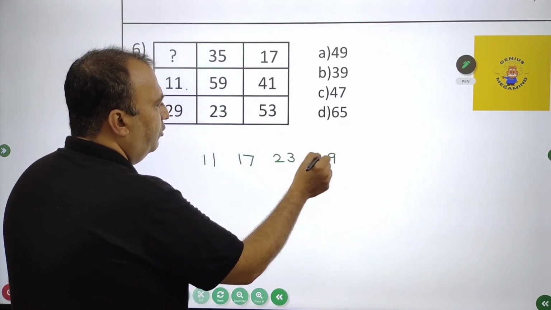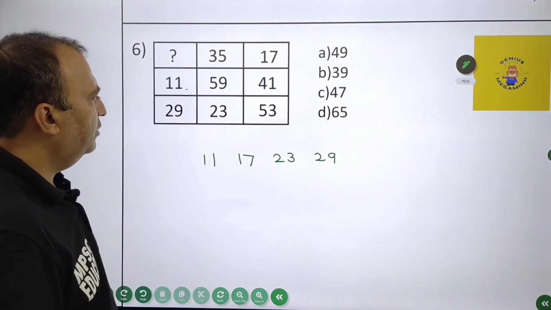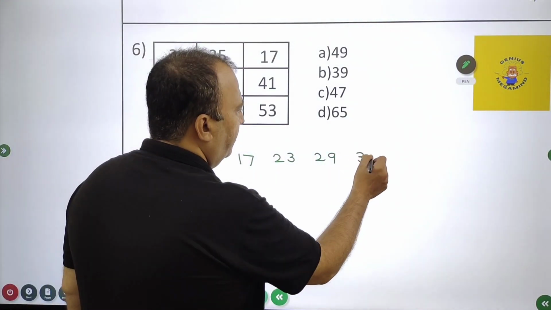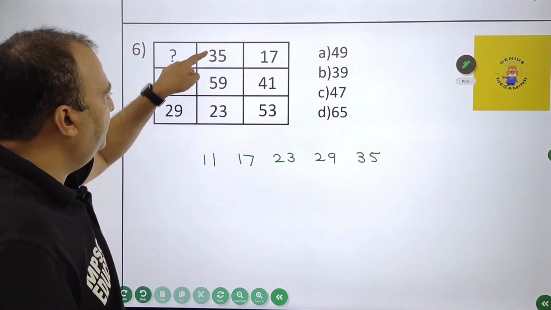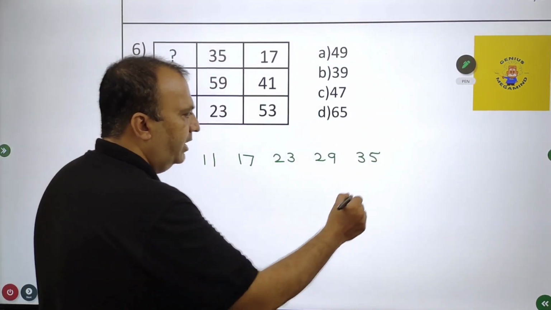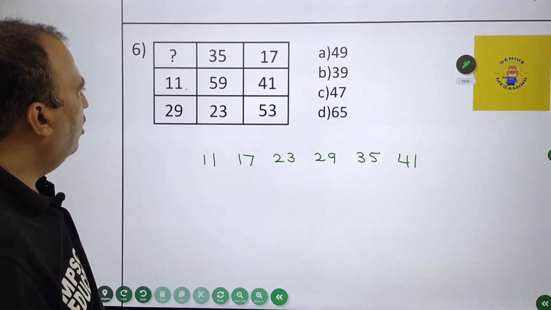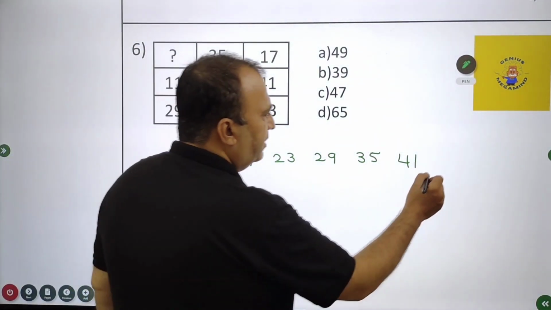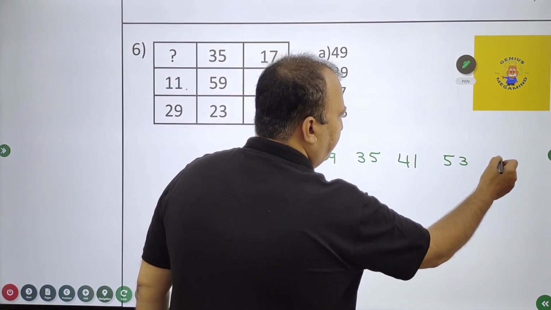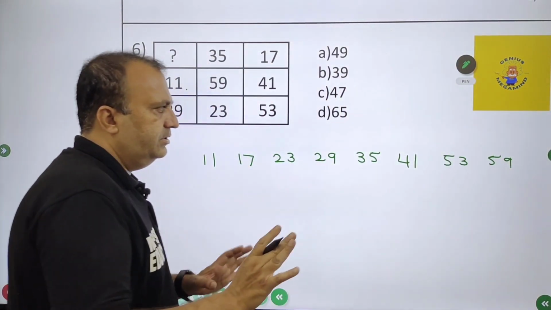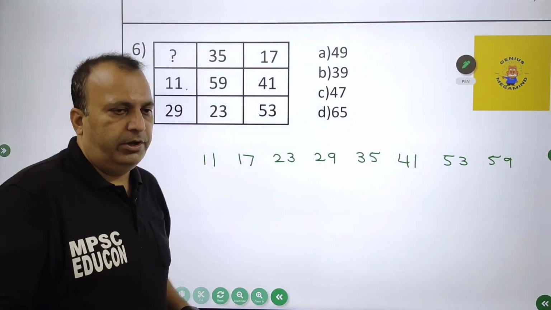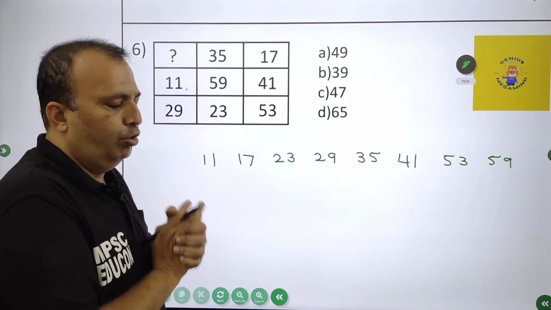Then 29. After 29 it is 35. After 35 it will be 41. And after 41, my friends, the number given is 53, and then it is 59. So this is a series I have jotted down on the board.